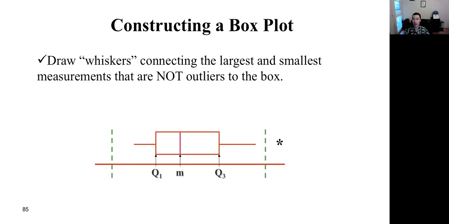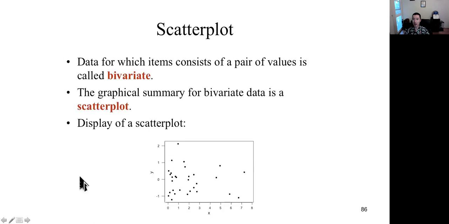Okay, the last one is called the scatter plot. Okay, the scatter plot is, I would say, by far the most important plot we discussed today. I use that very often.